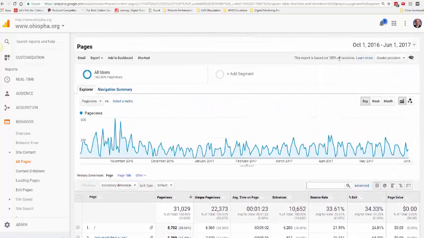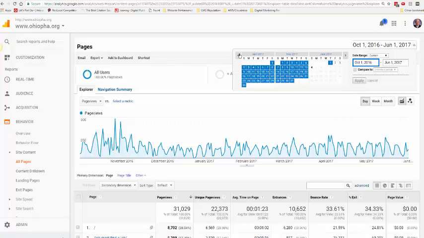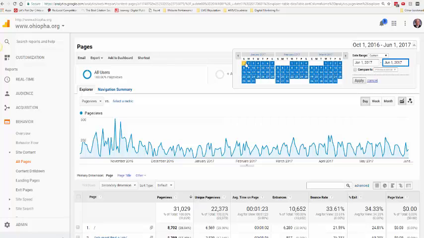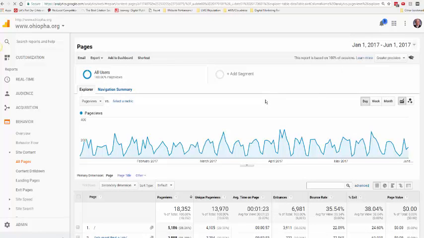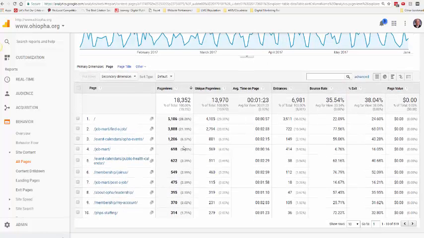Again, I suggest if we come here and change this date from October to January to get more stable data, you'll be able to get a better read on what these are. And it really hasn't changed a whole lot. Find a job, the OPHA events, Job Mart, public health calendar, membership, join us. So you had pretty good activity to the join page, and we'll take a look at that momentarily.